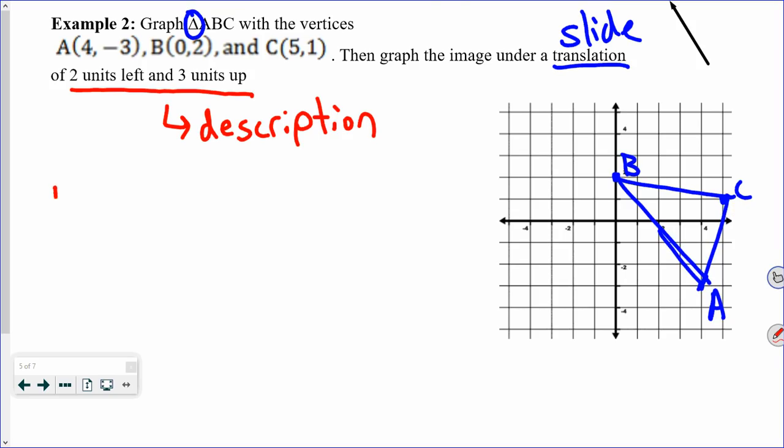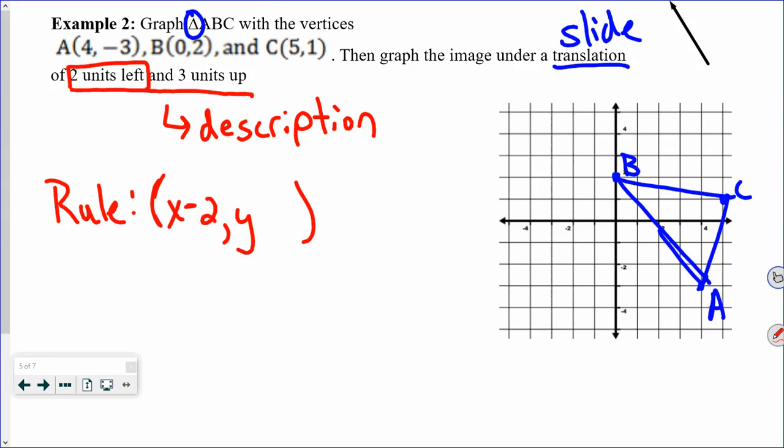So our rule, we use x and y. 2 units to the left. The left is negative, so it's x minus 2. 3 units up. Up is positive, so it's y plus 3. So this is our rule and our description.